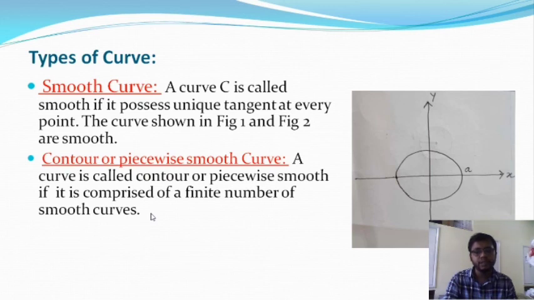Similarly, the edge BC is also a smooth curve. It is also a simple curve. CA is also a simple curve. So the three pieces AB, BC and CA are smooth curves. That means the triangle ABC is a contour or piecewise smooth curve.